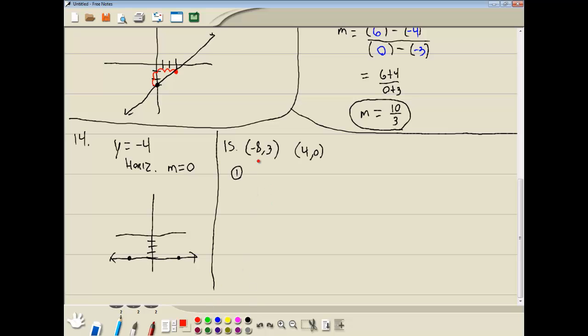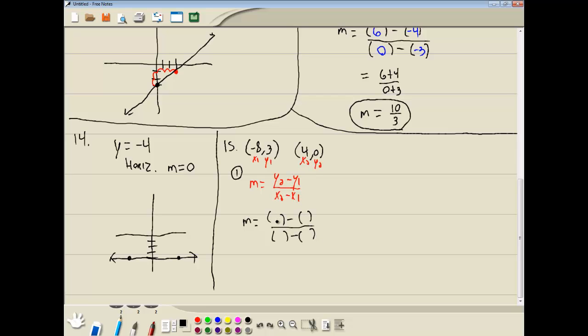Remember, if we're given 2 points, this will be x1, this will be y1, this will be x2, and this will be y2. Then we've got a formula: m is equal to y2 minus y1 over x2 minus x1. So put parentheses in before we plug in our variables. Always a good idea.